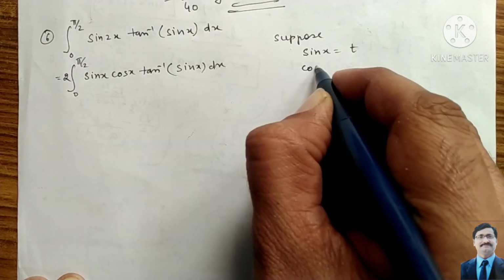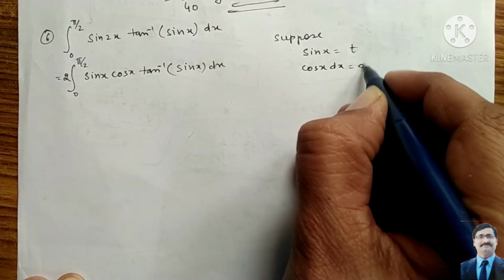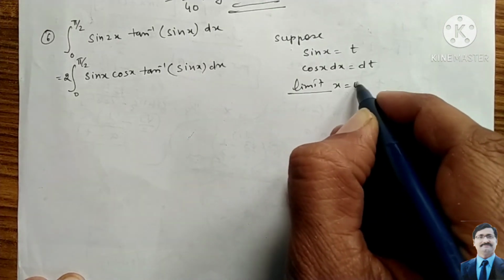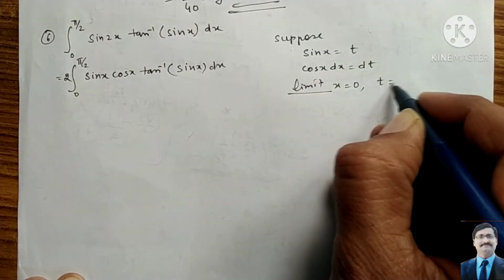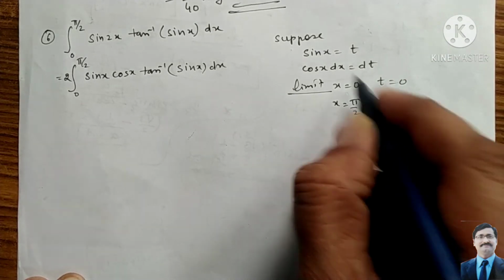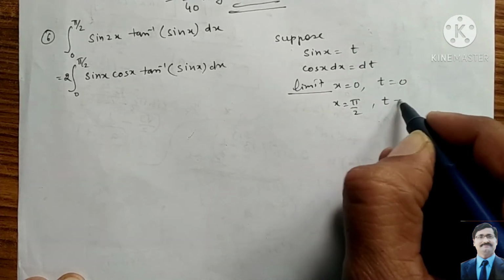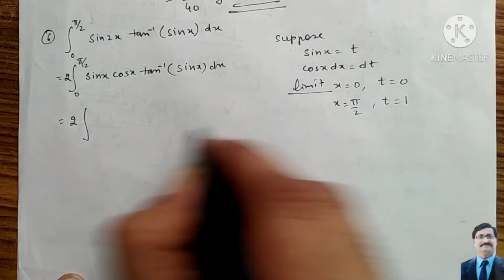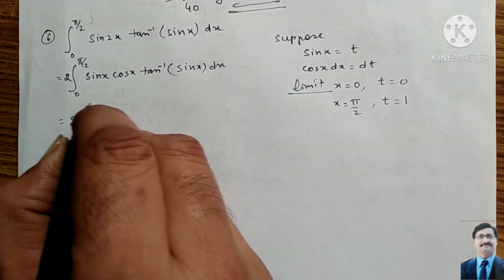So cos x dx equal to dt. Now we change the limit: x equal to 0 means t will also be 0, and if x equal to pi by 2 then sin pi by 2 is 1, so t equal to 1 we get. So 0 means 0 and pi by 2 means we get 1.